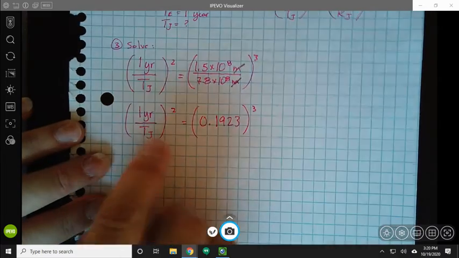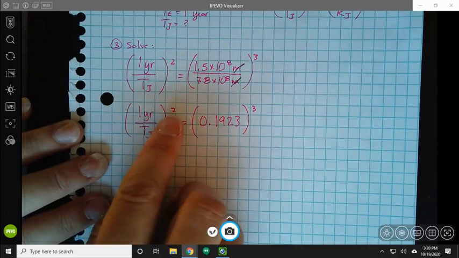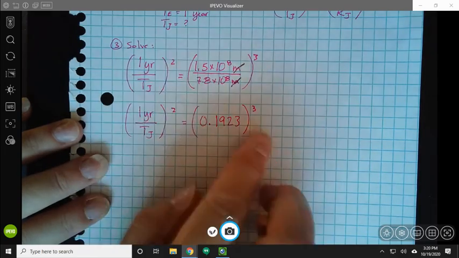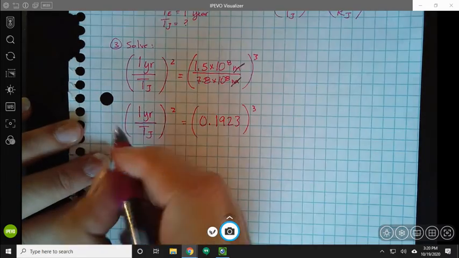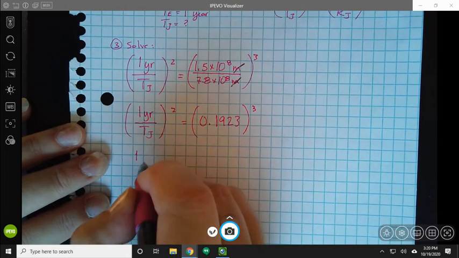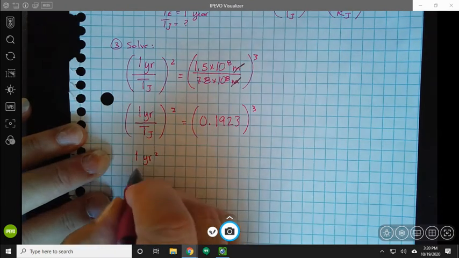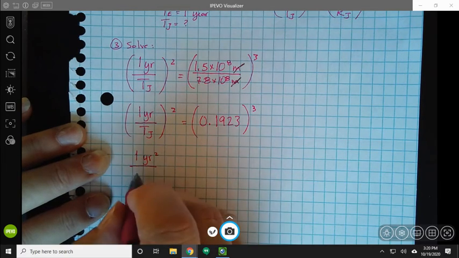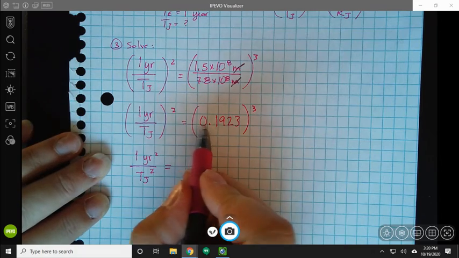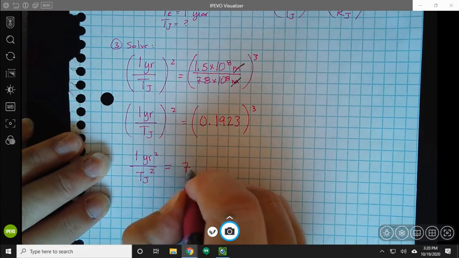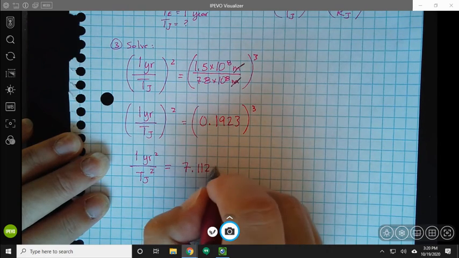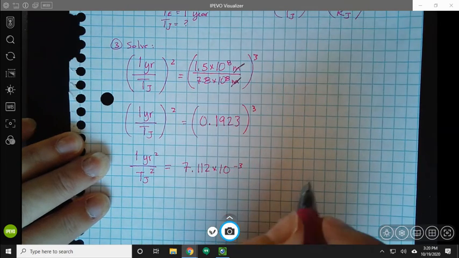Now I want to do the parentheses. So I'm going to do what's outside the parentheses. I'm going to do my exponents. And so 1 squared is 1. A year squared is a year squared. Tj squared is Tj squared. And then to cube this number, I get 7.112 times 10 to the negative third.